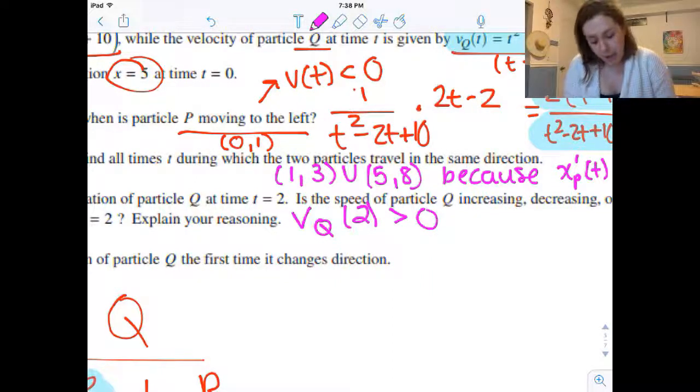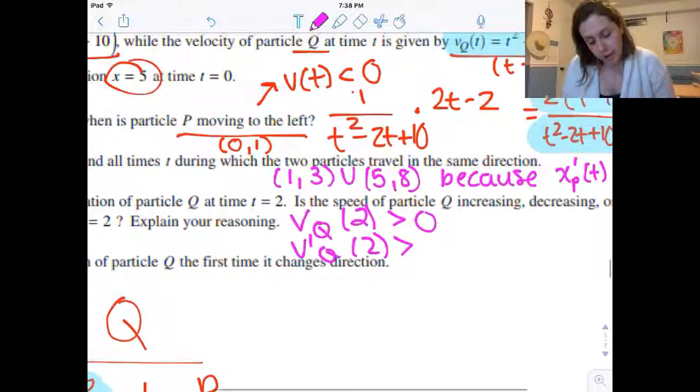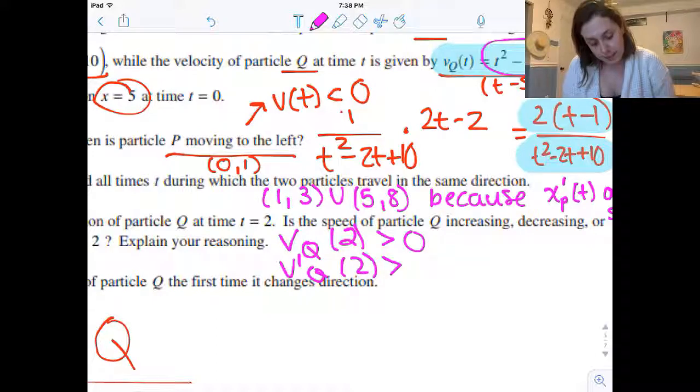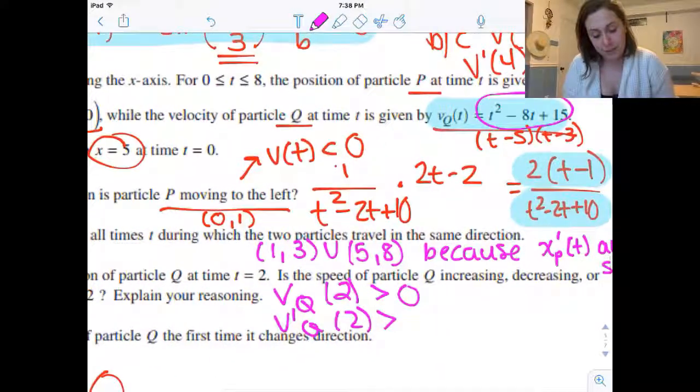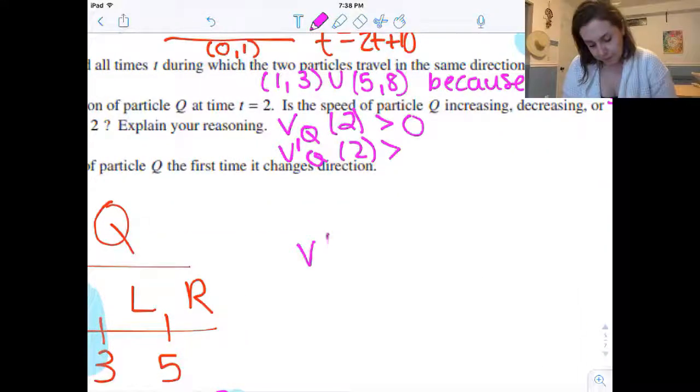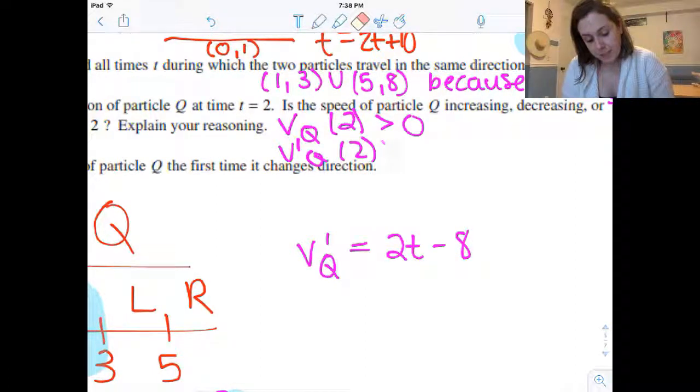And now I want v prime Q of 2. So v is this, v prime is 2t minus 8. If I plug this in here, this is less than 0, it comes out to be negative.